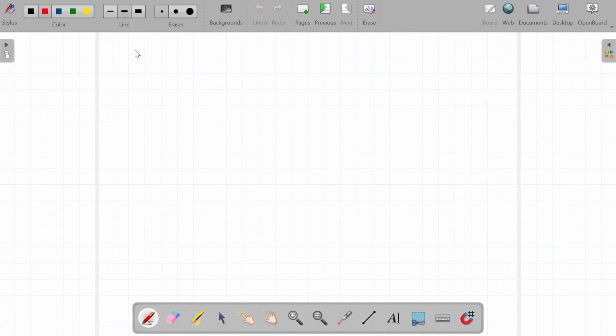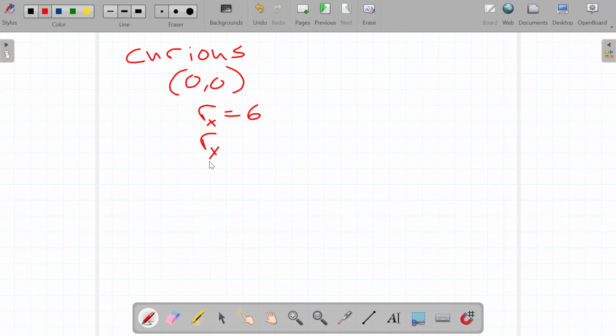So I'm curious. What if I took center 0, 0, but I have a radius in the x direction of, say, 6, and a radius in the y direction of, let's say, 4?